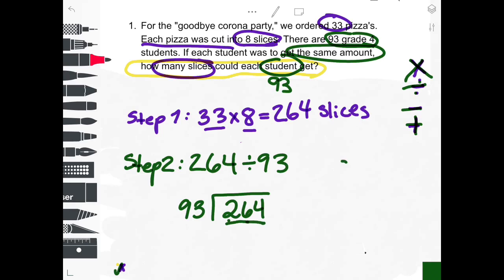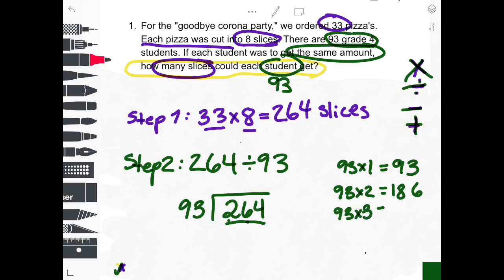So I'm going to skip count by 93s. 93 times 1 equals 93. 93 times 2, I can just do 93 plus 93, which equals 186. 93 times 3, I just need to add 93 to that, which would be 279, which is bigger. So I'm going to do 93 times 2.